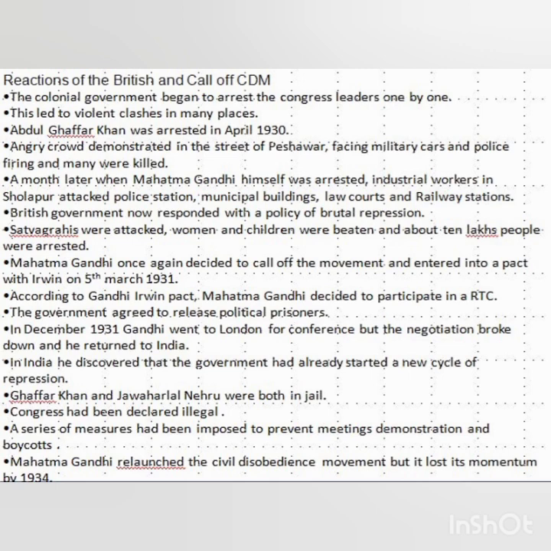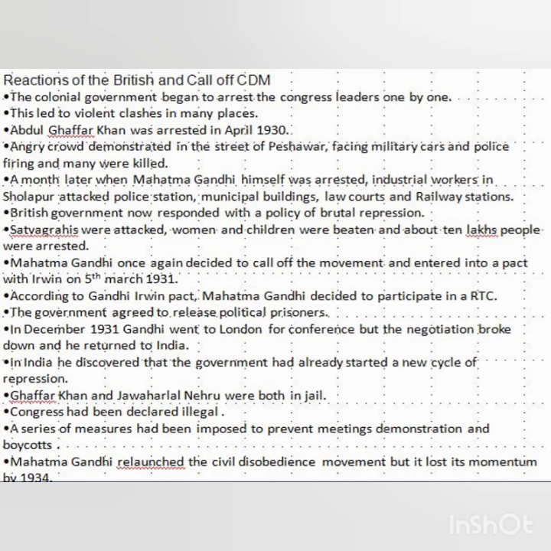They arrested satyagrahis. Women and children were beaten, and about 10 lakh people were arrested. Mahatma Gandhi once again decided to call off the movement and entered into a pact with Irwin on 5th March 1931.